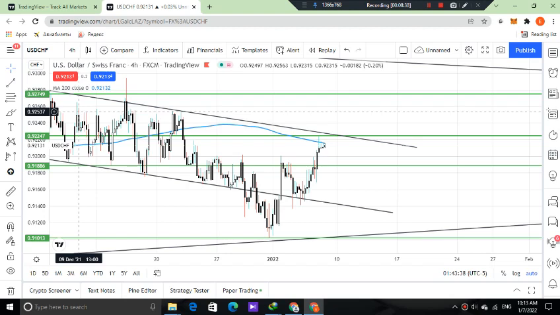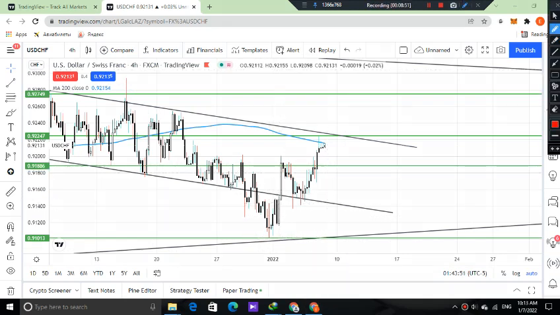It's not correct and appropriate if I call this pattern, but it happens a lot of the time. You have this first leg, and then after that you have this second leg here. Really interesting.